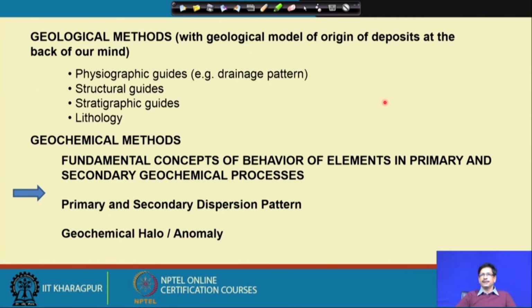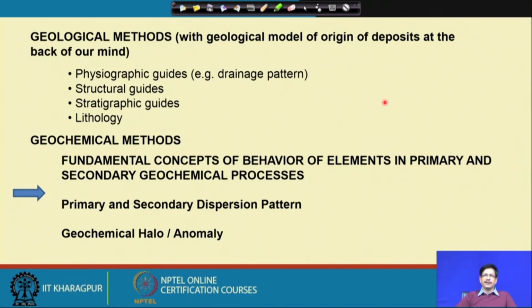There, the behavior of that element in the secondary geochemical cycle, giving rise to the secondary dispersion pattern, is the one we need to understand properly to formulate our geochemical methods. What we are essentially looking for in the exploration program is the anomaly or the halo.